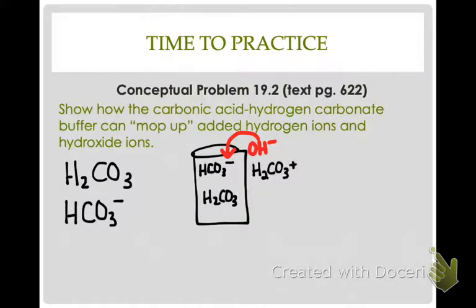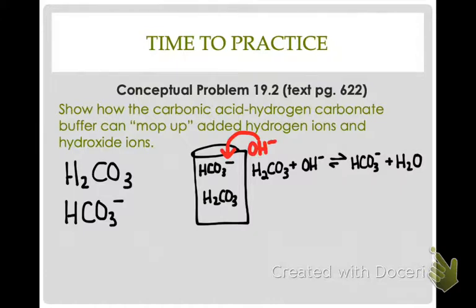That's going to be our weak acid, or what's going to donate a proton. And it's going to donate it to that Bronsted-Lowry base or proton acceptor. And because it's doing that, it's going to form the ion and water, the HCO3 minus ion and water.